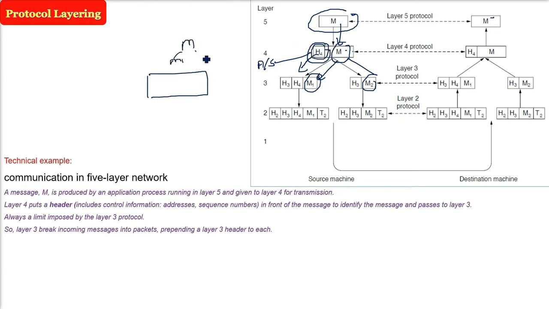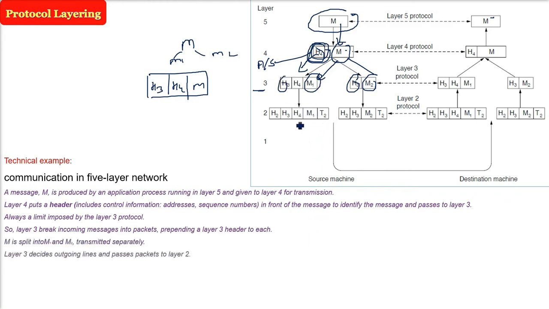So now M1 will have the H4 header from layer 4, and one more header added for layer 3. Now it comes to layer 2, which will again add a header and trailer. H2 is the header and there will be a trailer, the same for message 1 and message 2.